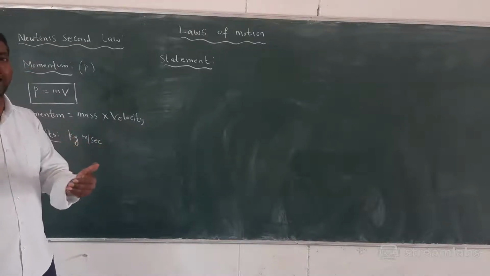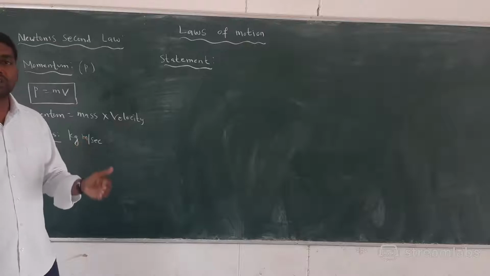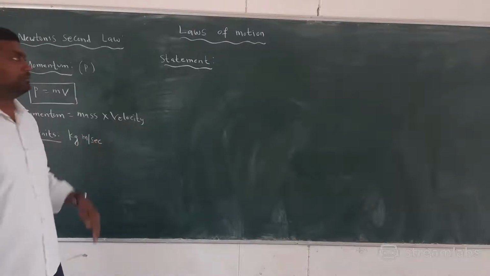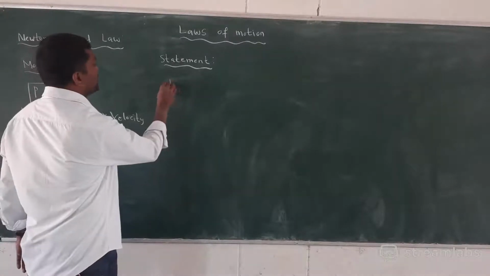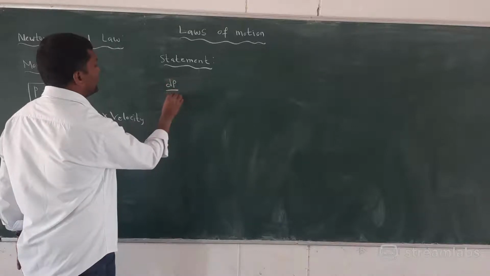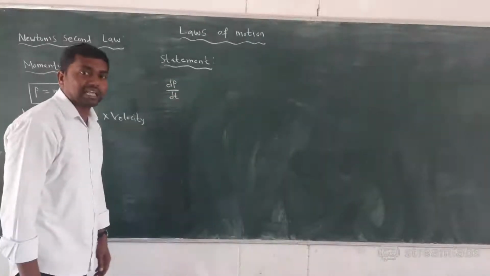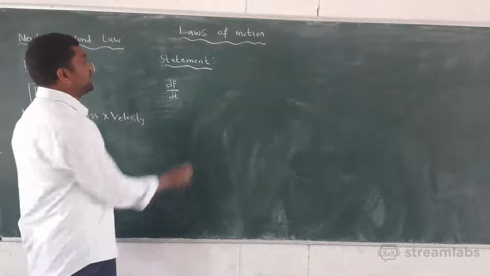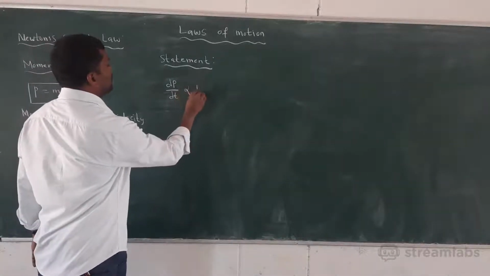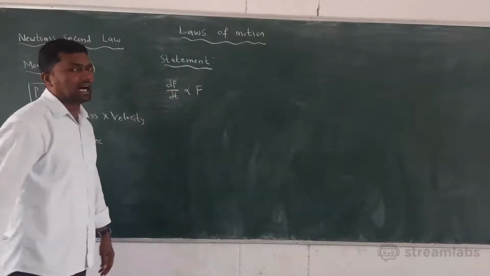The rate of change of momentum of the object, dP by dt or delta P by delta T, is directly proportional to the applied force on the object.